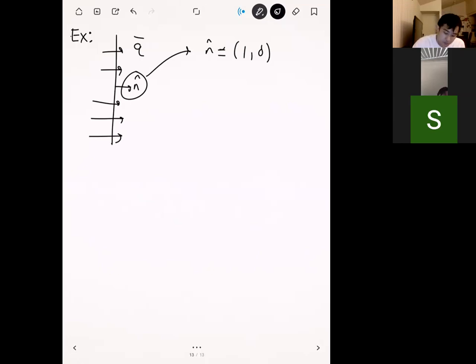Let's apply our Neumann boundary condition here. It is given by minus k times the gradient of T dot product with n.